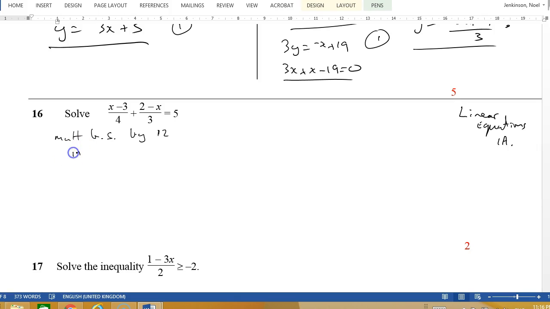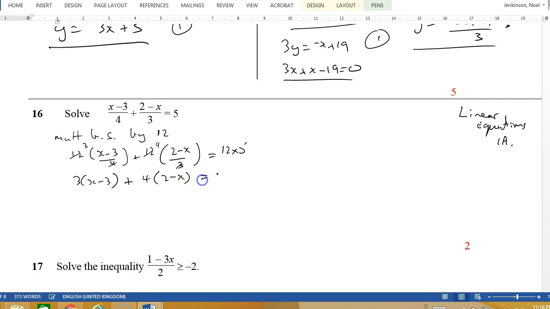So I'm going to have 12 times x minus 3 on 4 and 12 times 2 minus x on 3, and that equals 12 times 5. And so what happens here is that becomes a 3, and so I get 3 times x minus 3, and this becomes a 4, and I get 4 times 2 minus x equals 60, 5 twelfths.